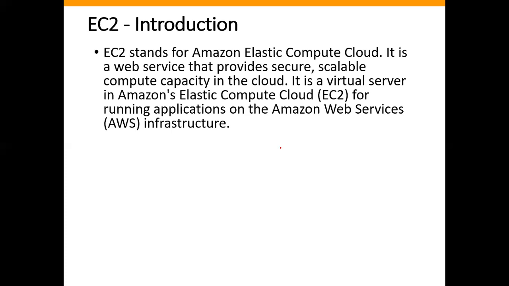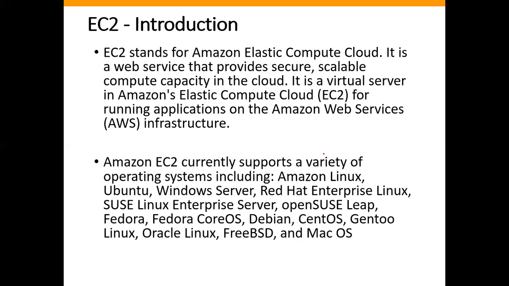And which operating systems are supported in AWS? They have a big list: Amazon Linux, Ubuntu, Windows, Red Hat, Oracle Linux, CentOS, Mac operating system. They have a lot of operating systems which AWS EC2 supports.